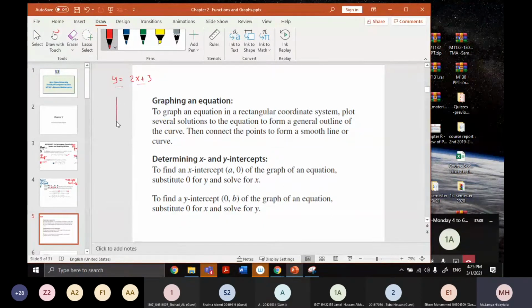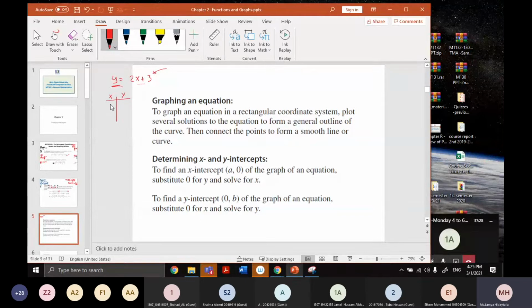Actually what we do is like that. We assume some x values from the real line and substitute here, and we will find the corresponding y value. So I'll put here the x and the value for a certain x.